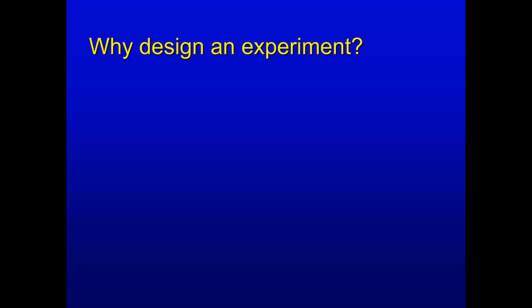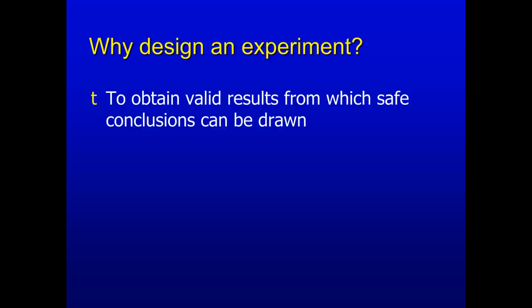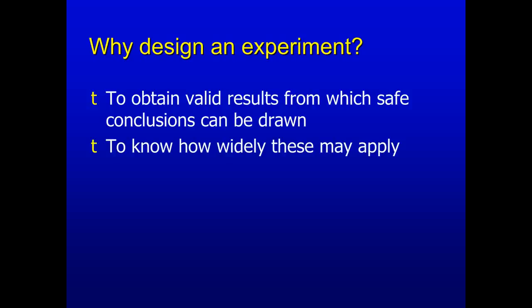When you give groups a discussion about why they would design an experiment, the sort of results you get out are here. Obtaining valid results, knowing how widely those results may apply. Is it just to the particular circumstance of that experiment, or is it much wider?